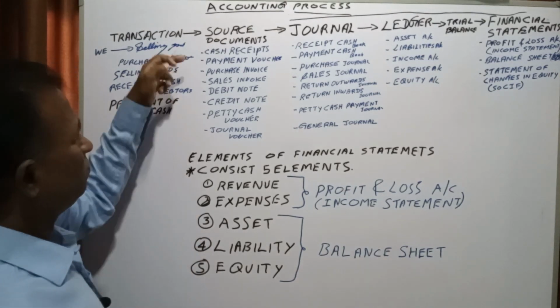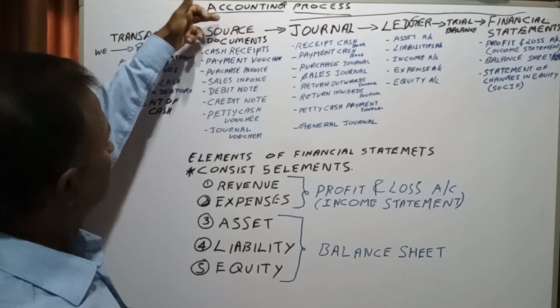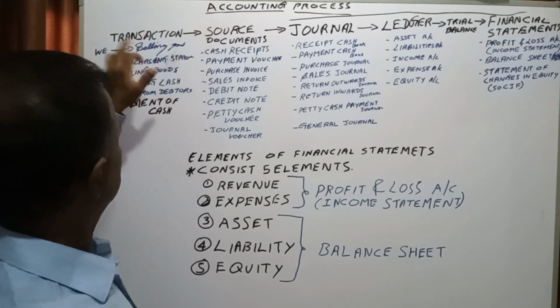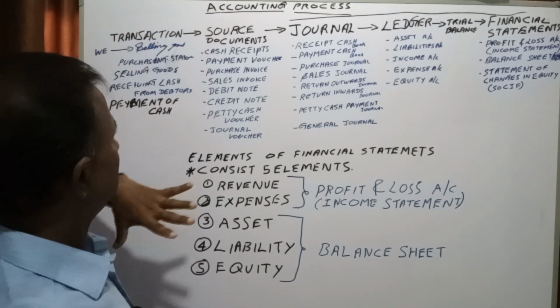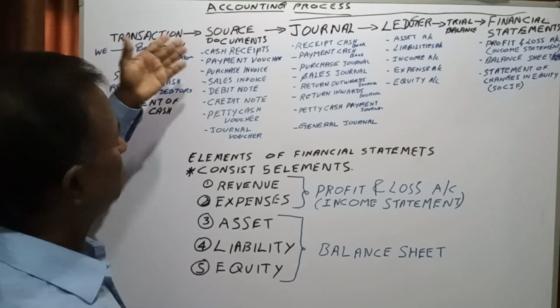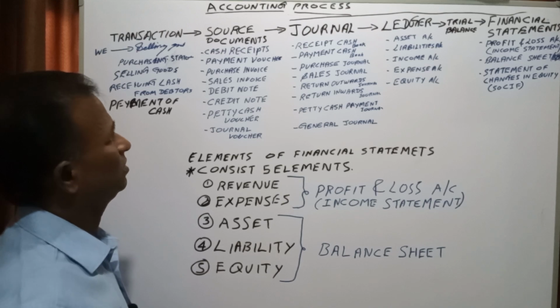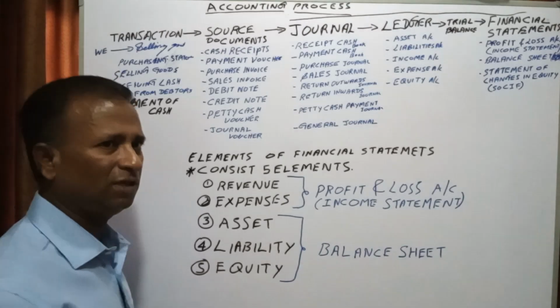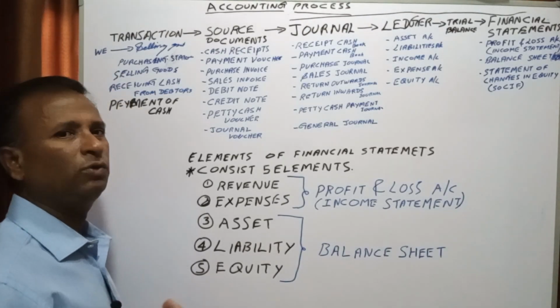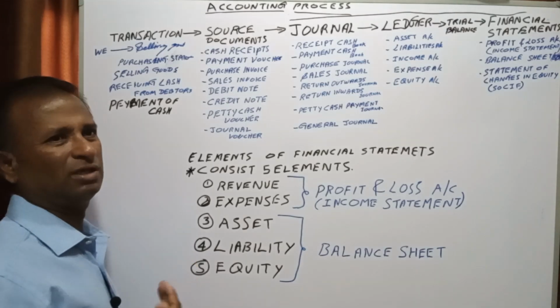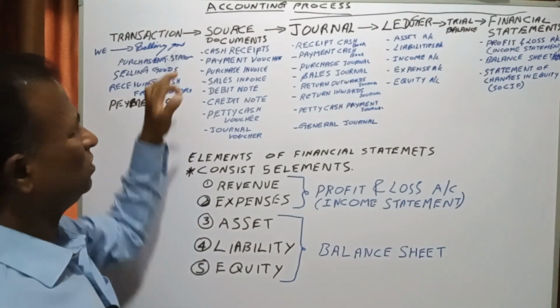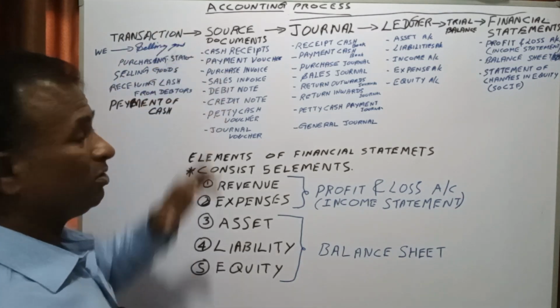Now we come to the second issue, source documents. These are the transactions. Then what are the source documents? Source documents: cash receipts. If you are receiving the cash, you have to issue cash receipts. Then payment voucher.